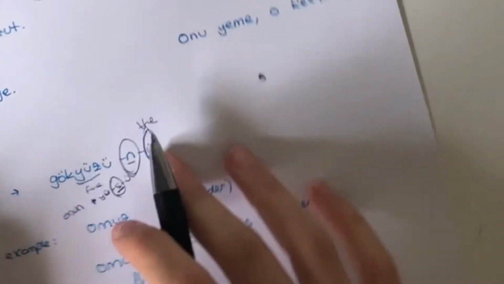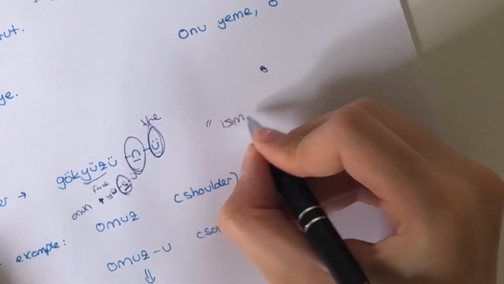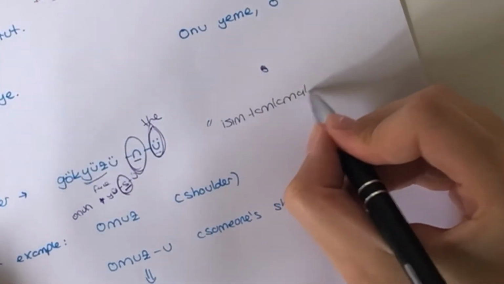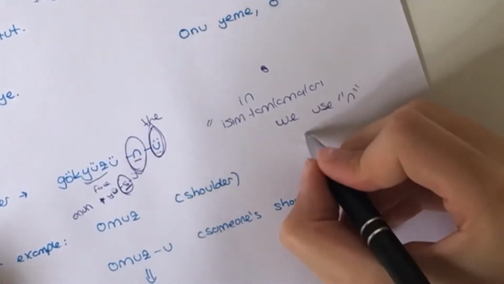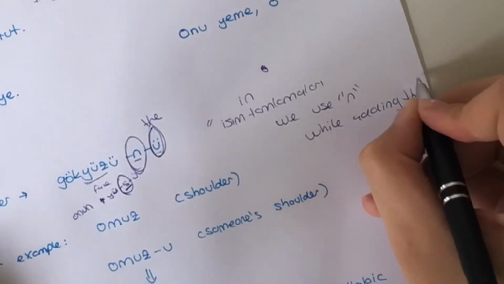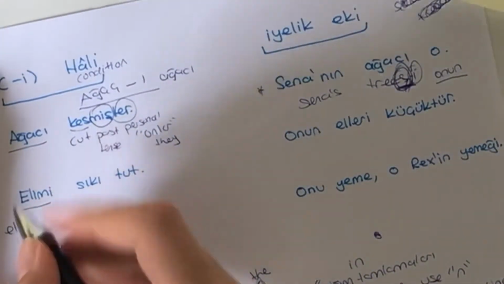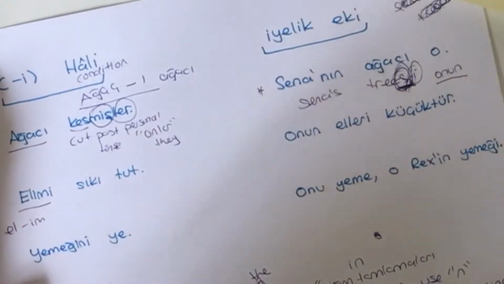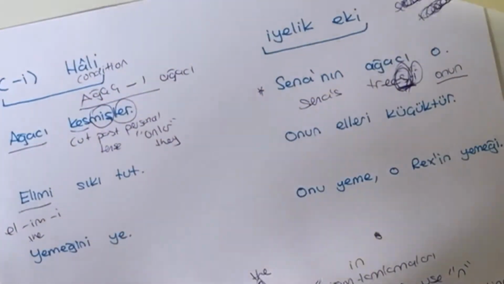Okay, so let me write another rule here. In isim tamlamaları, you know, when two words form another word, we use N while adding the. So elim means my hand, el means hand, elim means my hand, and elimi is the hand of mine.